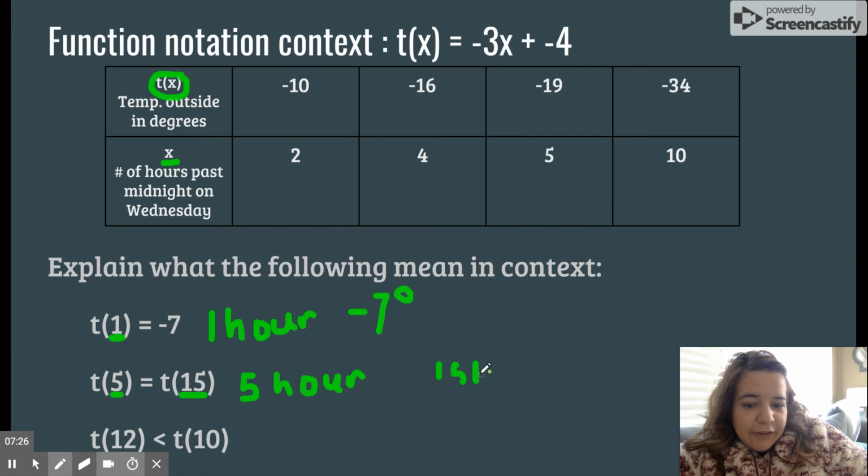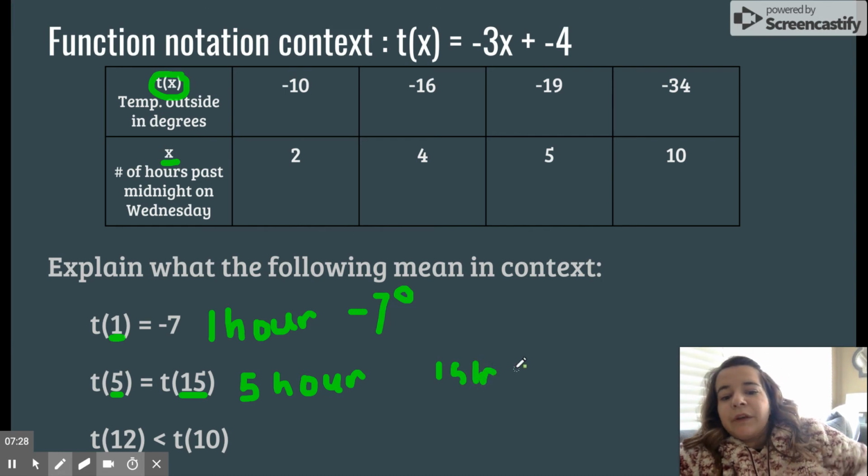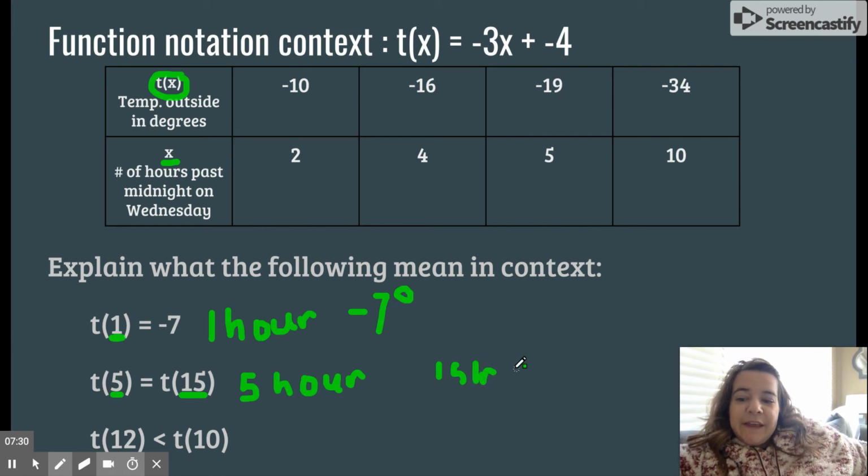So for this one, it's saying the temperature at 5 hours and the temperature at 15 hours ended up being the same. So maybe at some point it started warming up again. Fingers crossed. So at 5 hours and at 15 hours, the temperature outside was the same. That's how you would write that as a sentence in context.